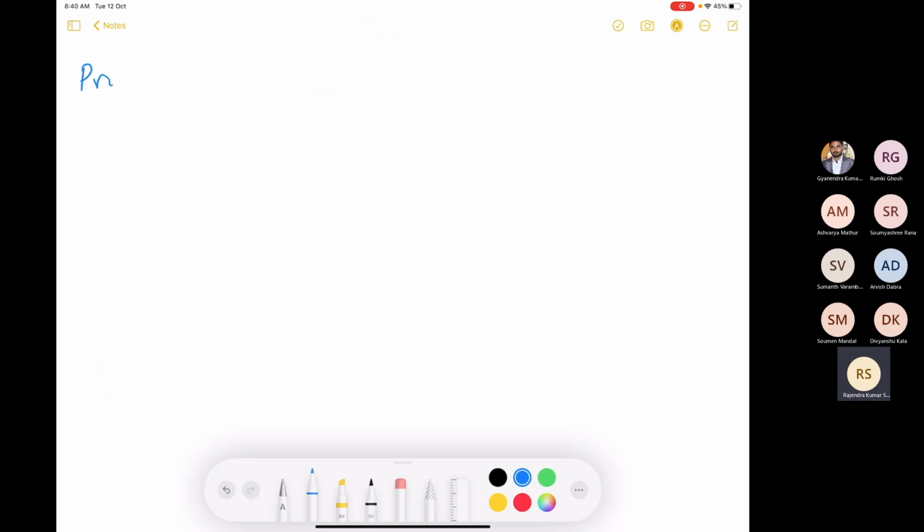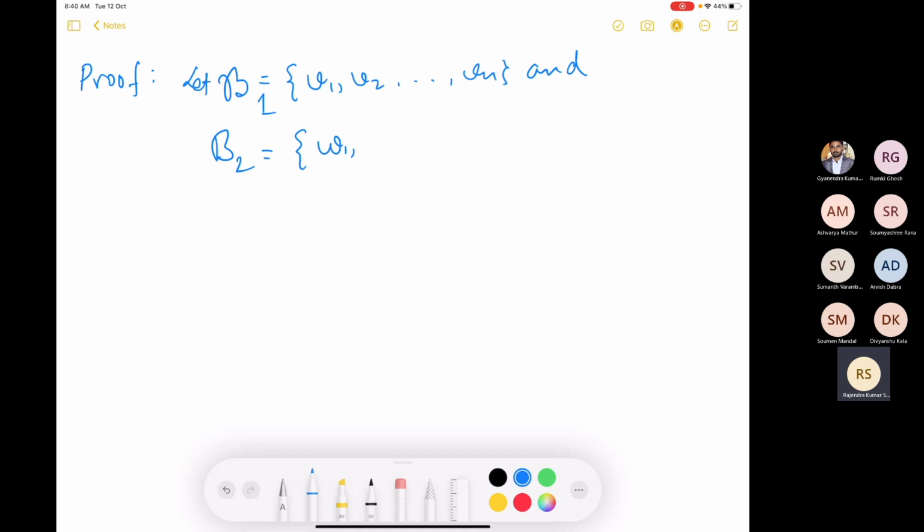So the proof is as follows. Let one ordered basis B1 have elements V1, V2, up to Vn, and another, B2, have elements W1 to Wn.